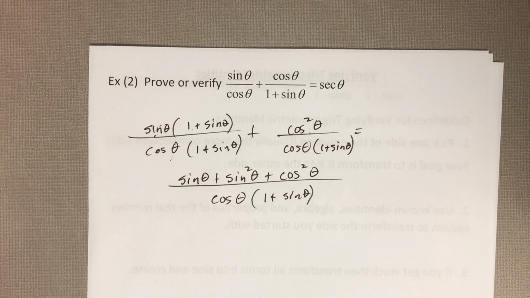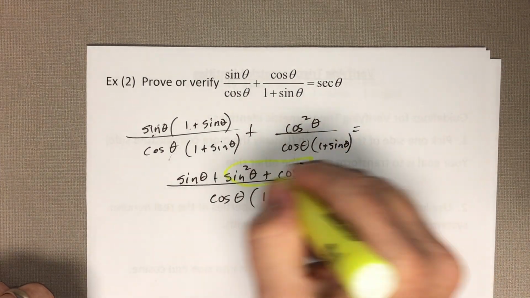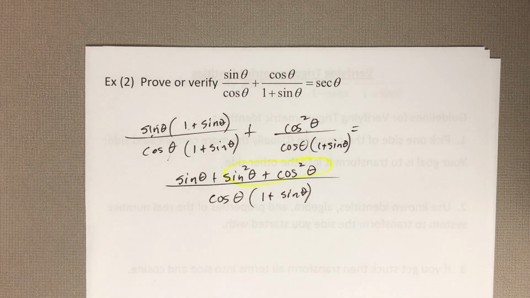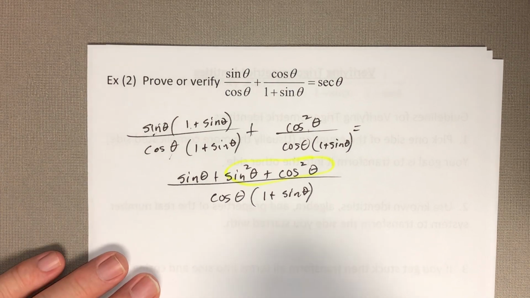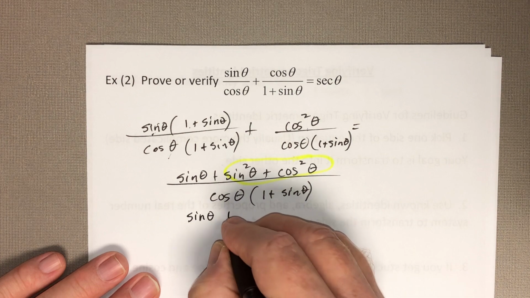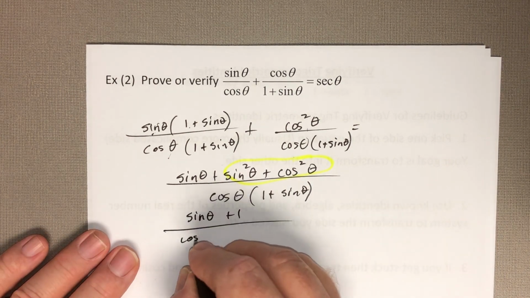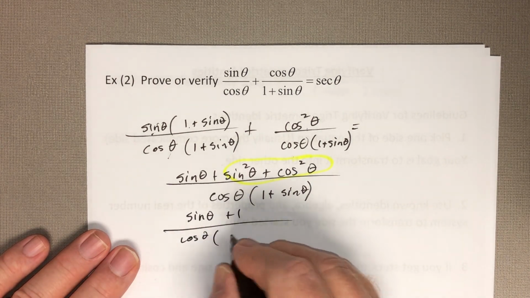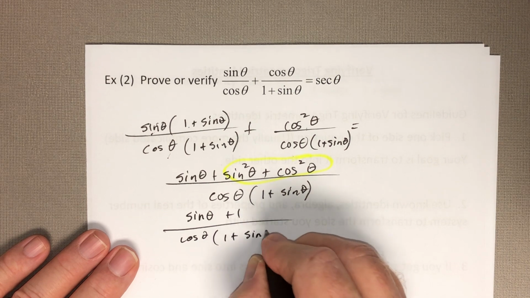And now I see the sine squared of theta plus the cosine squared of theta, that's a Pythagorean identity. I know immediately that that is 1. So I can rewrite that numerator as the sine of theta plus 1 over the cosine of theta times 1 plus the sine of theta.